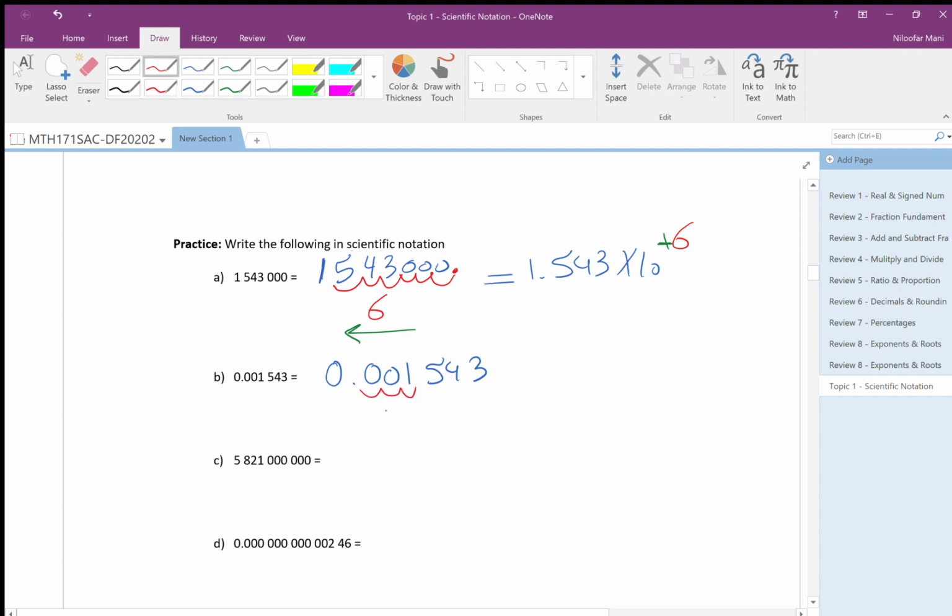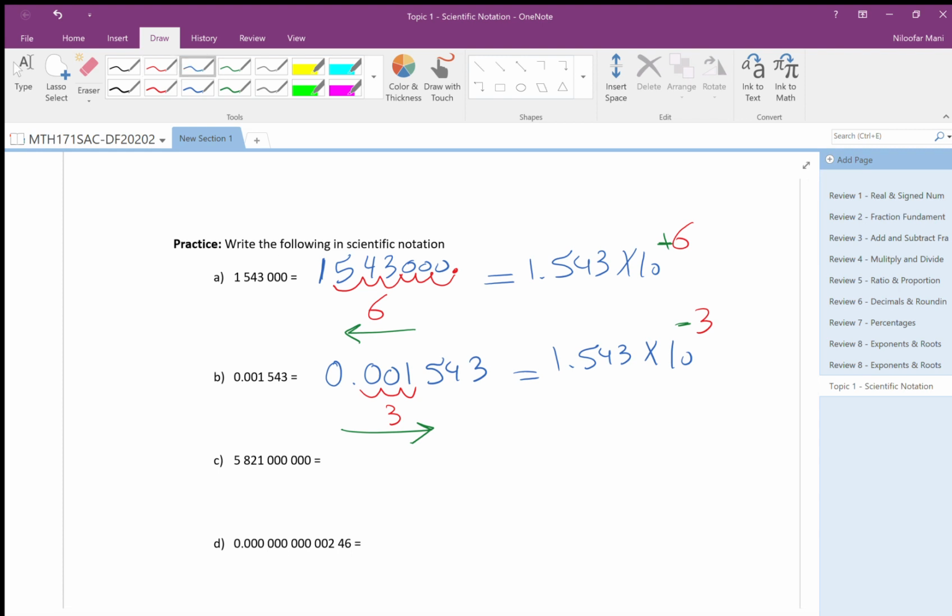So I move 3 to the right. So I do 1.543 times 10 power minus 3, because I went to the right. And if I use my calculator, it gives me the same thing.